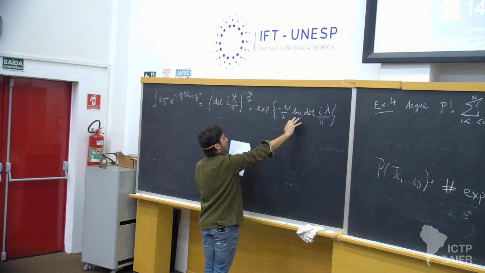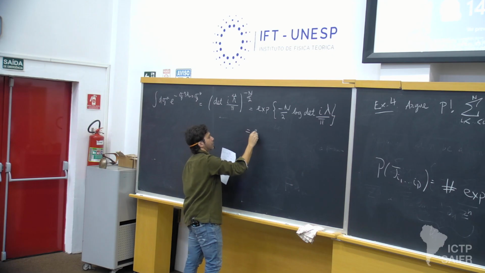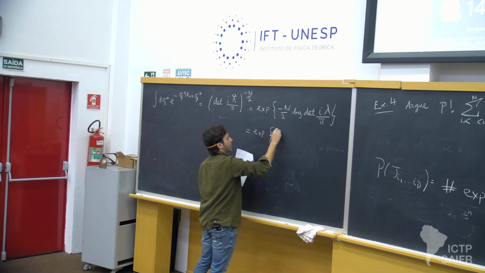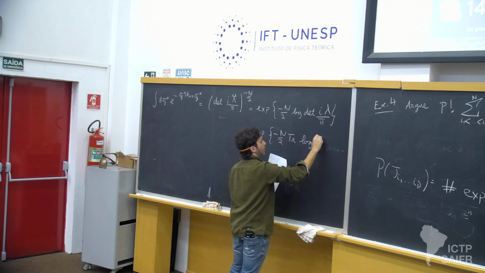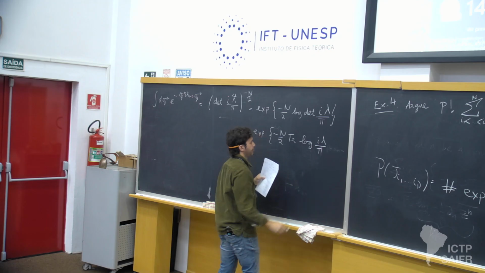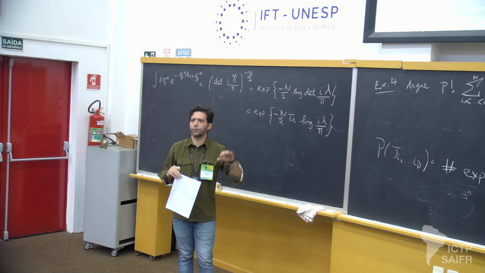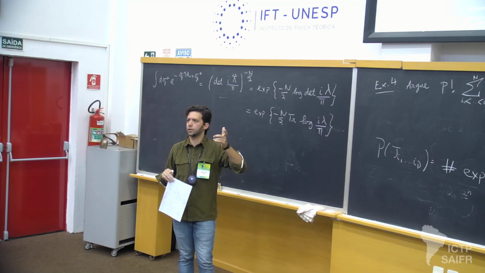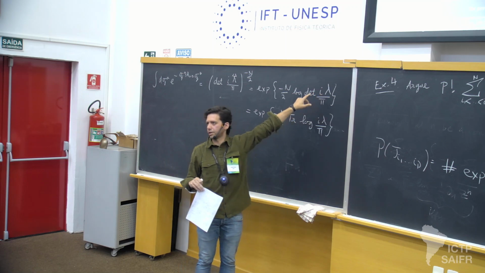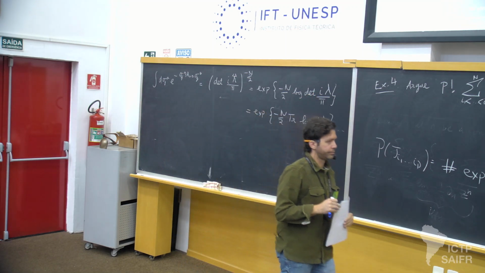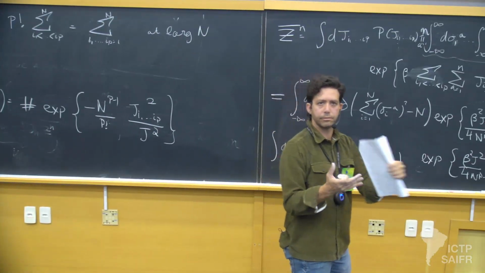And then I'm going to use the fact that the log of the determinant is the same as the trace of the log. You guys have seen that identity before, that the log of the determinant is the same as the trace of the log? It just has to do with writing down the eigenvalues of this matrix. The determinant is the product of the eigenvalues. The log of the product is the sum.